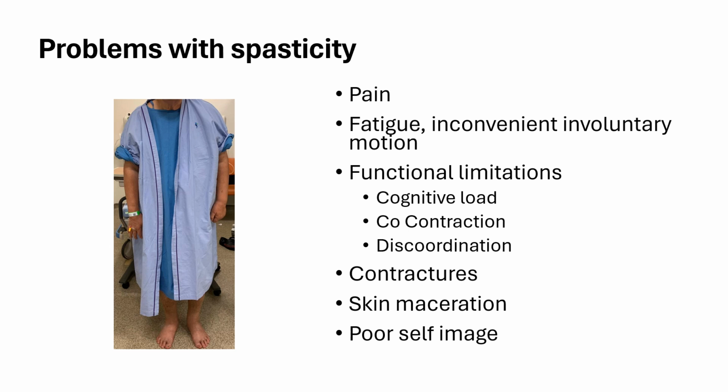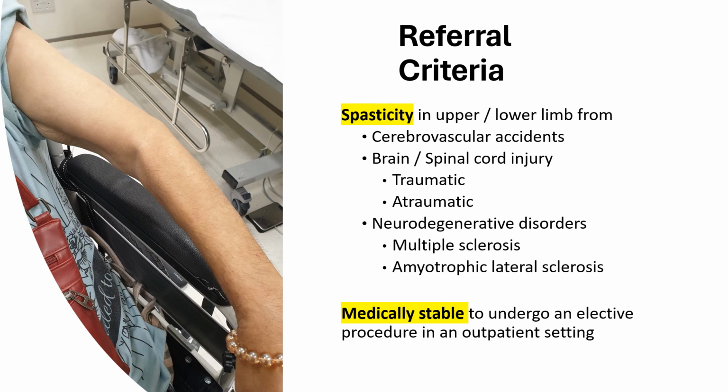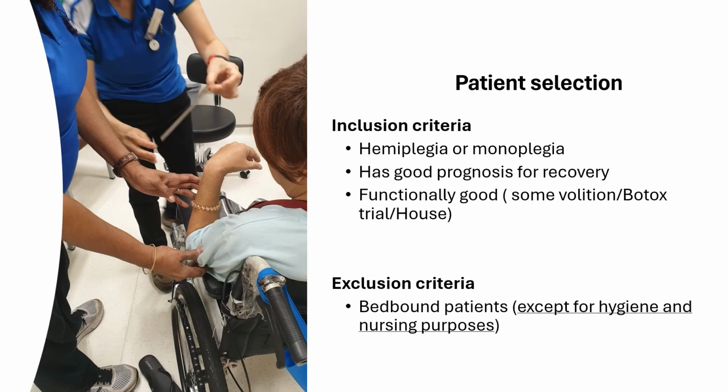It's also very important to understand there is a problem of self-image with spasticity and the stigma of the deformity. Our referral criteria for spasticity need not be confined to stroke. We also accept those with spinal cord injuries and also neurodegenerative disorders. And we've seen a few cases of post-antipsychotic medication dystonia that we use for the treatment of our spastic presentations.